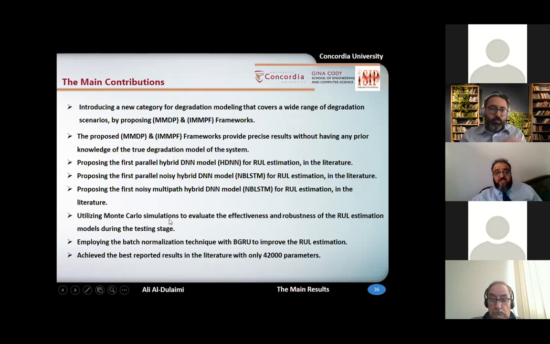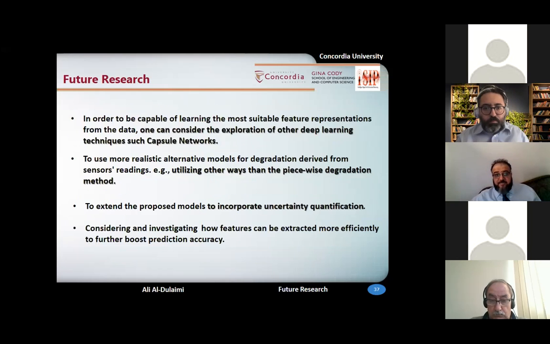Utilizing Monte Carlo simulation to evaluate the effectiveness and robustness during the testing stage, employing the batch normalization technique with bidirectional GRU to improve the RUL estimation, and achieving the best reported result in the literature with only 42,000 parameters.